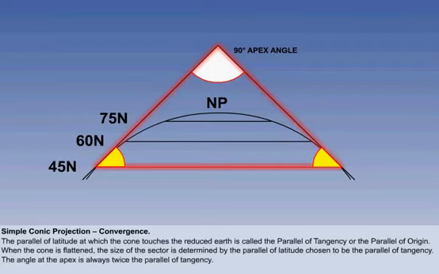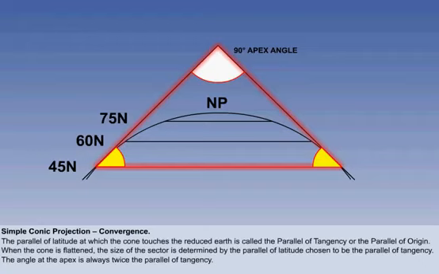You can see why. If the latitude is 45 degrees, the angles at the base are 45 degrees. The internal angles of a triangle have to add up to 180 degrees. Two lots of 45 come to 90, which leaves 90 degrees as the angle at the top.